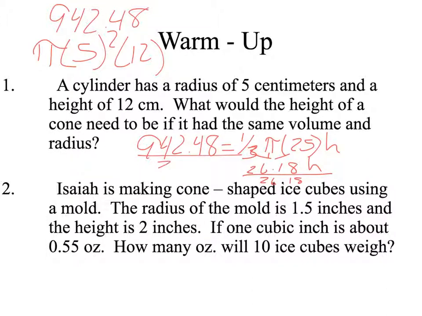The reason I'm dividing each side by 26.18 is because it's being multiplied times that h. And to undo multiplication, we're going to divide. So 942.48 divided by 26.18, and we're ending up with a height of 36 centimeters.